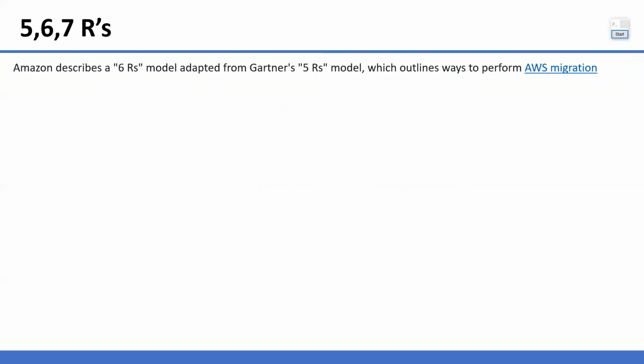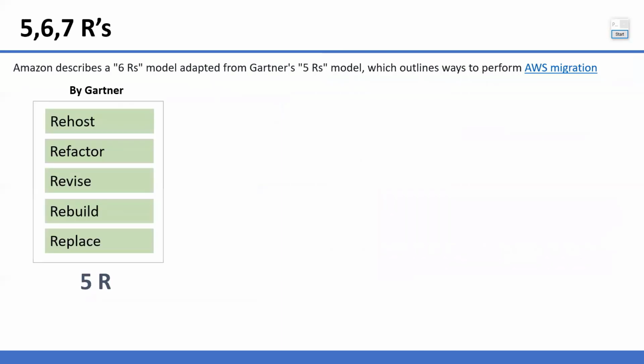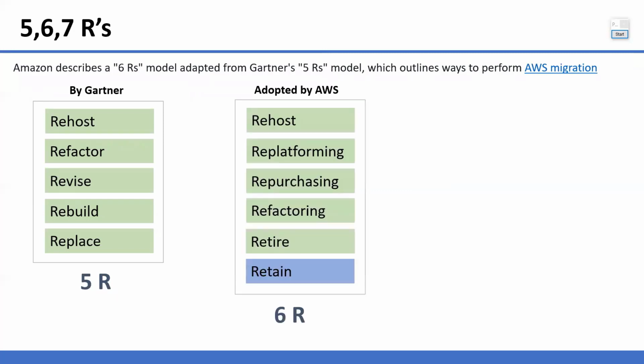But as Gartner identified only 5 R's, what are the 6 and 7 R's? Amazon describes a 6R model, adopted from Gartner's 5R model, and it is prescribed for cloud-based migration to the AWS cloud. So Gartner invented the 5R model, AWS adopted it and created a 6R model, adding a new R, retain, for retaining applications.